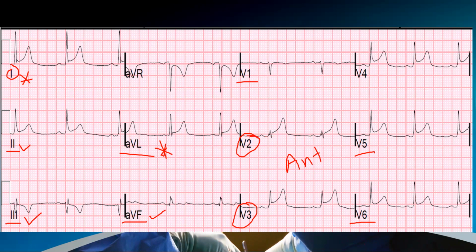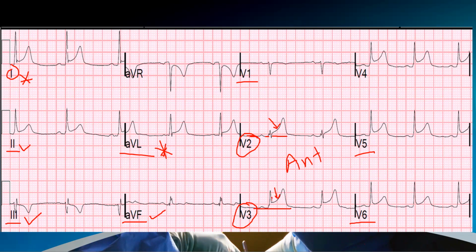So that's your baseline or isoelectric line. Your ST segment should be on the isoelectric line. When it gets above the isoelectric line, that means there is ST elevation. So in here, there is a little ST elevation we can see, not very prominent, but in here in V3, you can see this is ST elevation.